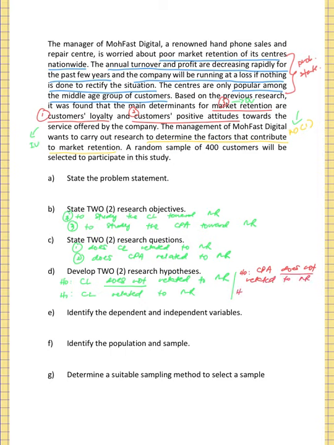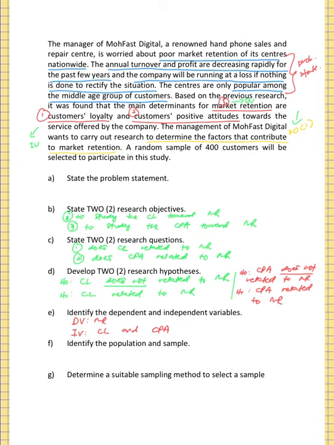Okay, so H1 dia adalah customer positive attitude related to market retention. Okay, E, dependent and independent variable. So tadi kita dah identify kan kita punya DV kita adalah market retention, and independent variable kita adalah customer loyalty and customer positive attitude.